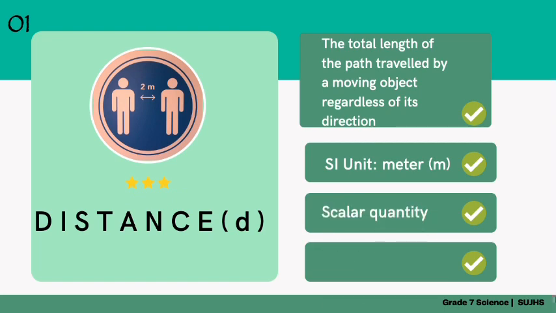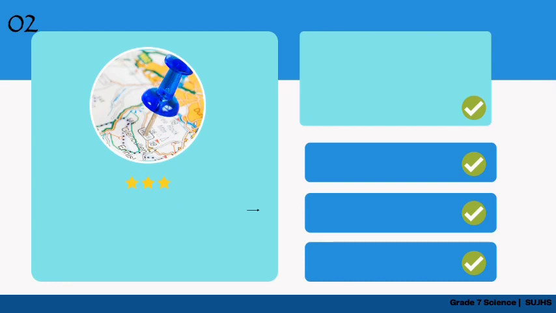It is classified as scalar quantity, meaning it only describes the magnitude of the length traveled by a moving object. Example is 100 meters.